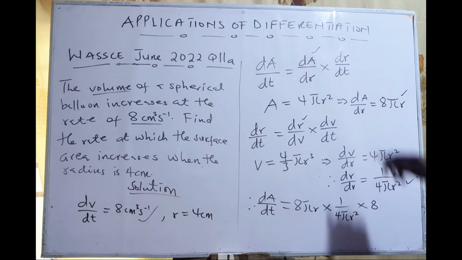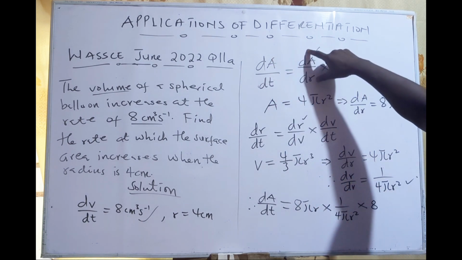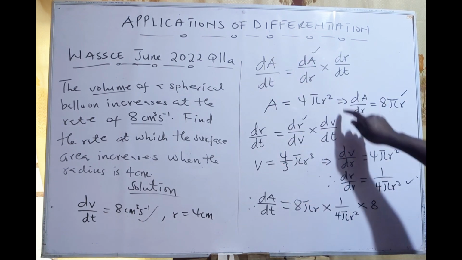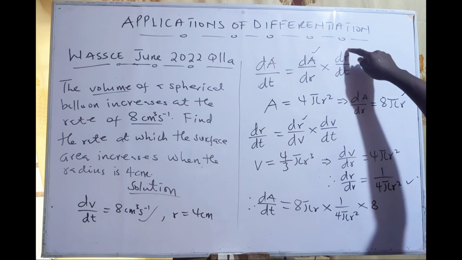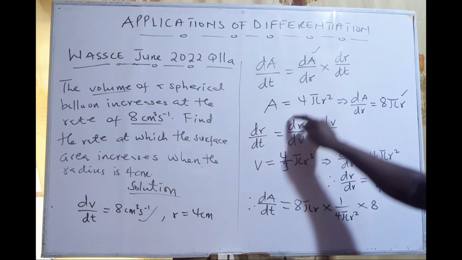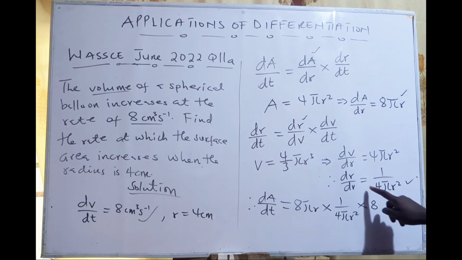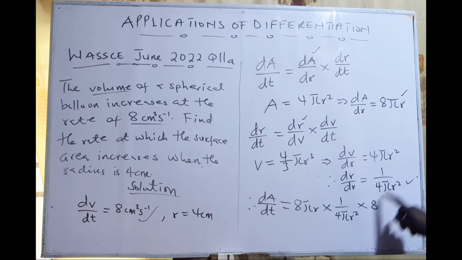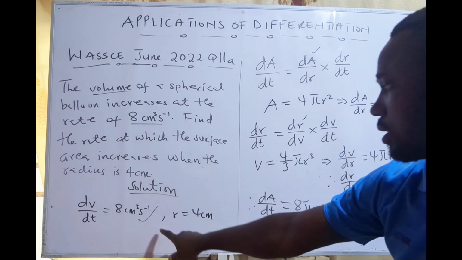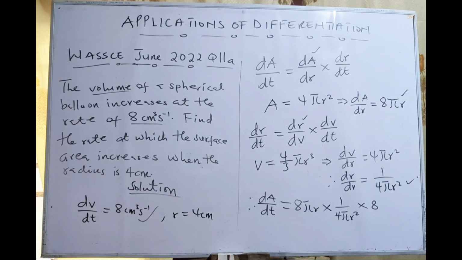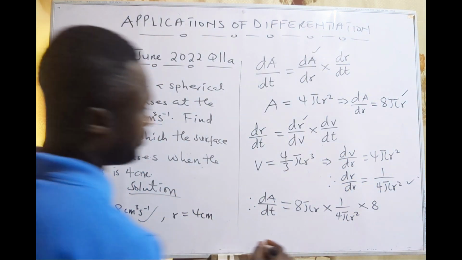It's so simple. dA/dt is dA/dr, this one, times dr/dt. But dr/dt is what? dr/dV. That is 1 over 4 pi r squared times dV/dt, that is 8 centimeters. So what are we going to get now?